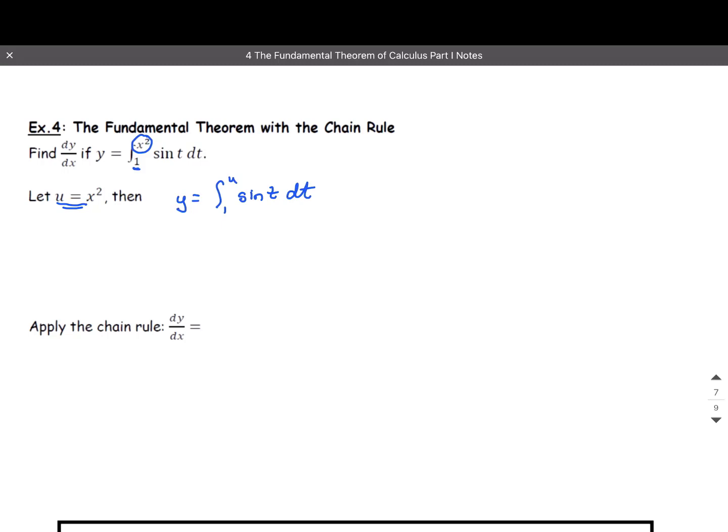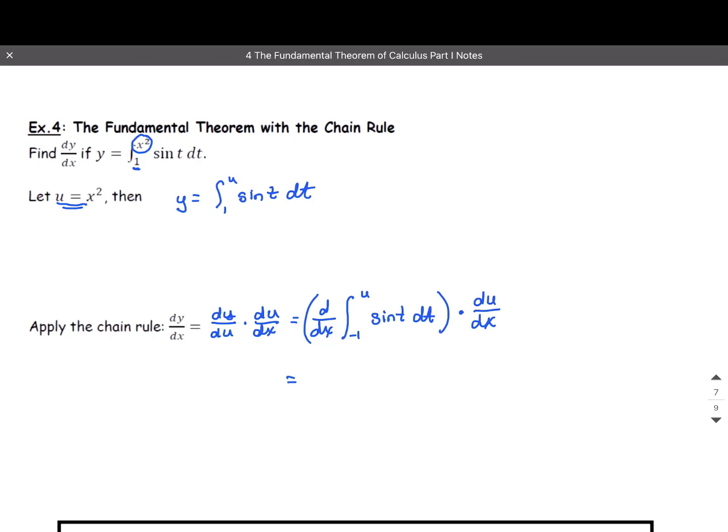Now if we use the chain rule, the derivative of y with respect to x would be the derivative of y with respect to u times the derivative of u with respect to x, which would be the derivative with respect to x of the integral from 1 to u of sine t dt times du dx.